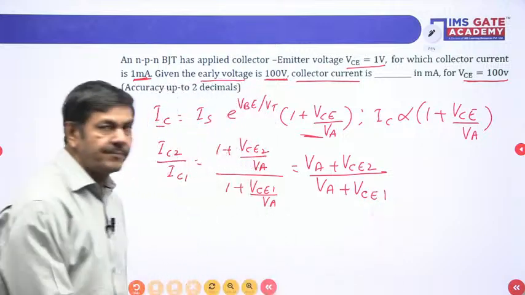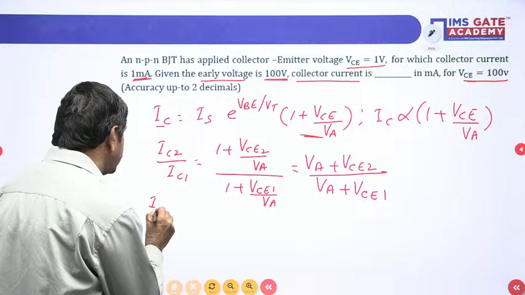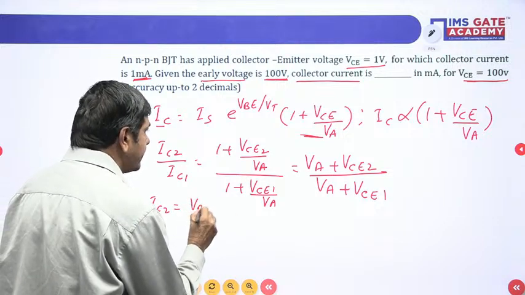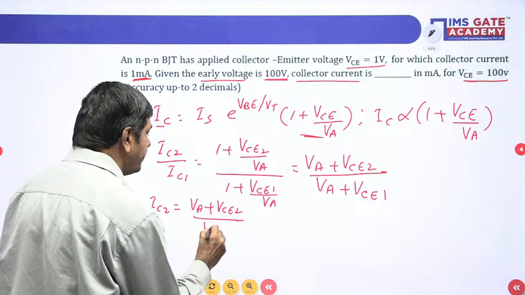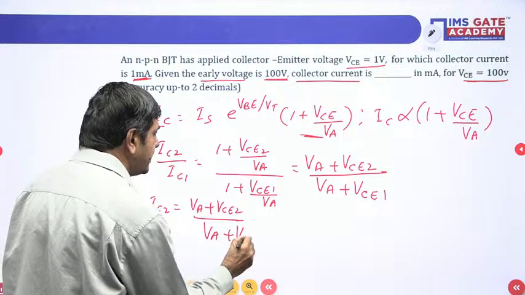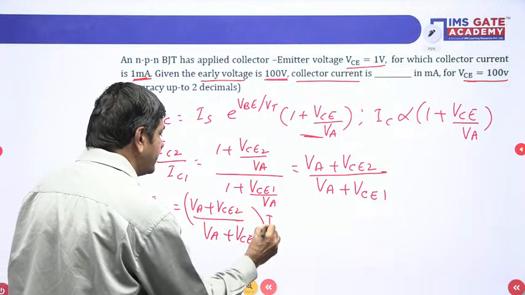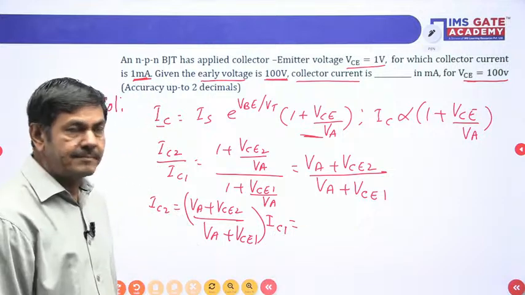But I want the IC2 value, so IC2 equals VA plus VCE2 by VA plus VCE1 multiplied by IC1. By using this formula, you can determine collector current.